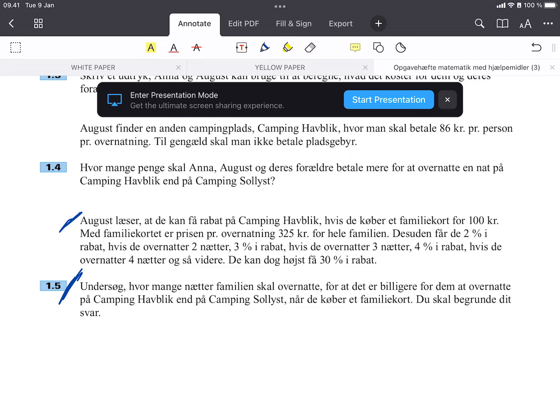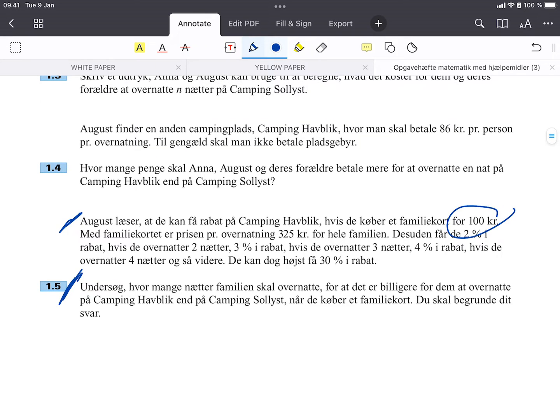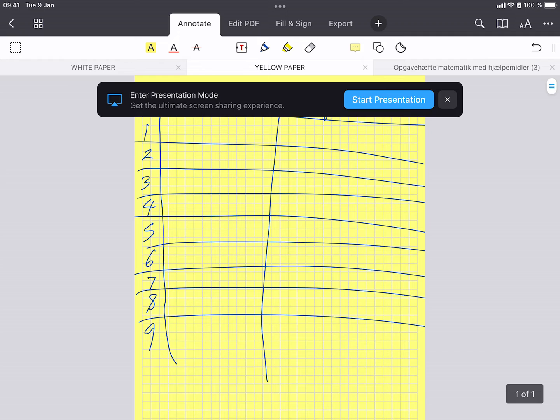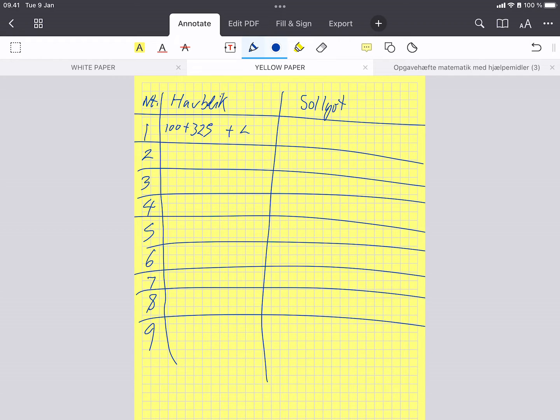So Haarblick, they're buying a discount card for 100, and then it's costing 325 a night. So that's straightforward. The cost is for 1 night, the 100 plus 325, they're going to be paying 425.